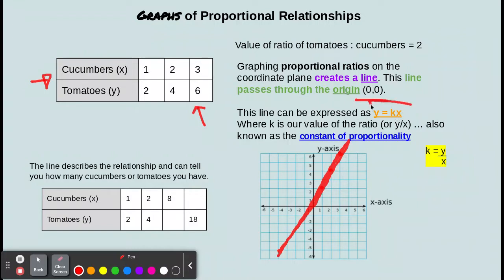This line can be expressed by this equation, y equals kx. Remember, k is the same as the value of the ratio, and it has a formal name of constant of proportionality.